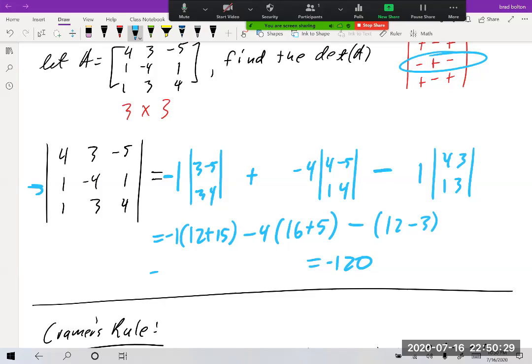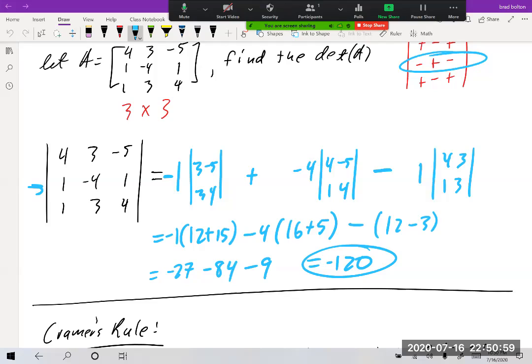So let's see what we get. We get -27, and then -4 times 21. So -4 times, I'm assuming it's 84, but I'm getting a little tired. I want to make sure that I don't make any mistakes. And then this would be -9. So -84 minus 9 minus 27. And I get -120 once again.